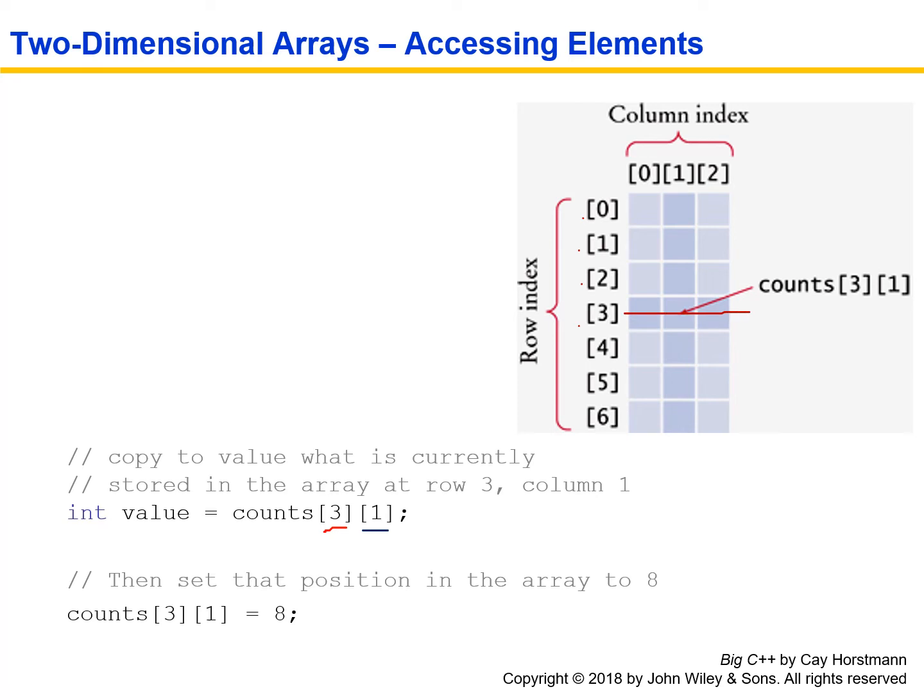So that points across this way. 1 finds us 0, 1, so that pulls us down this way, and so that is going to capture that element there, counts at 3 sub 1. Okay, and then if we want to set the value, we just put counts at 3 sub 1 equals 8.